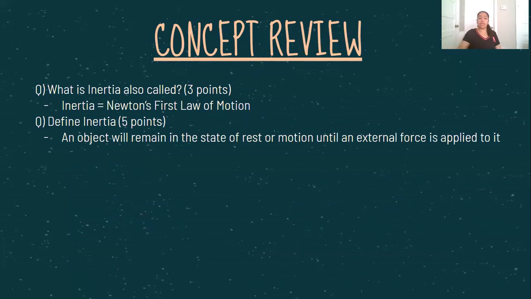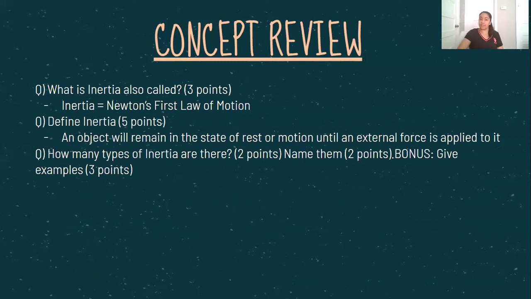It is that an object will remain in the state of rest or motion until an external force is applied to it. As we saw with our penny, or as you can also see with a roller coaster or in a car, unless brakes are applied, the car will continue to move in that same direction with the same speed.